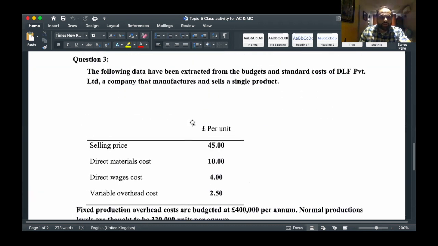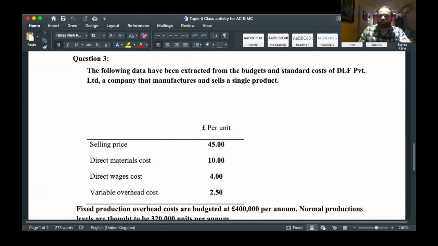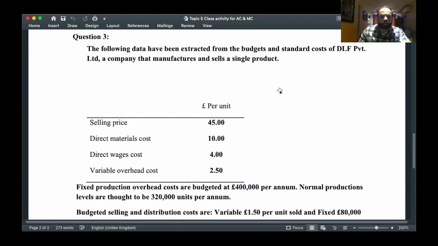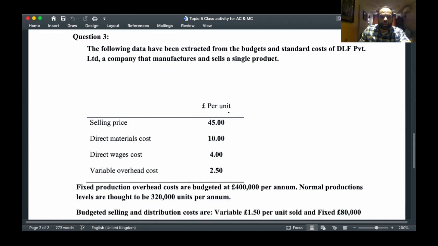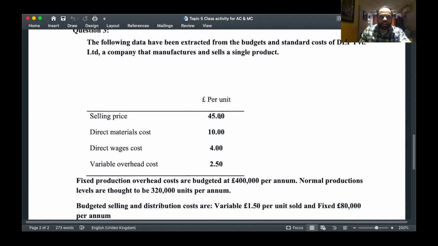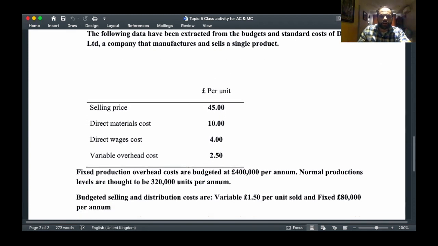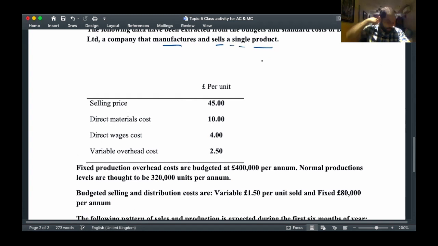So question 3. So here is your question. And in these questions, we quickly have a look. This company manufactures and sells a single product, right?